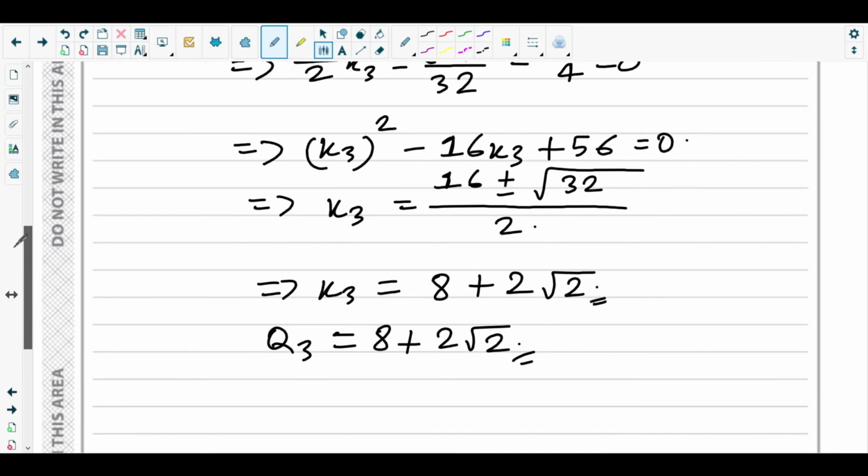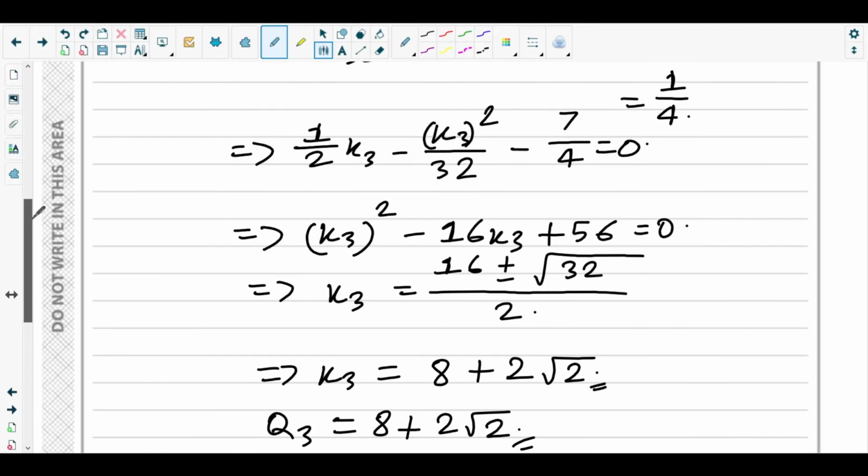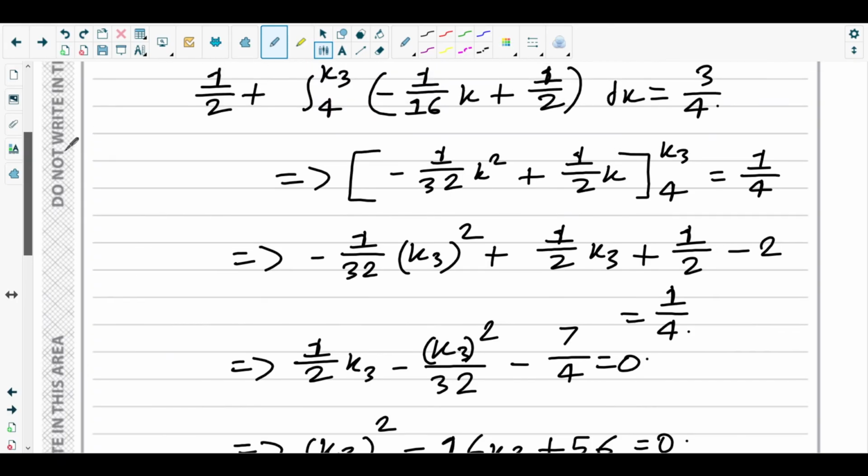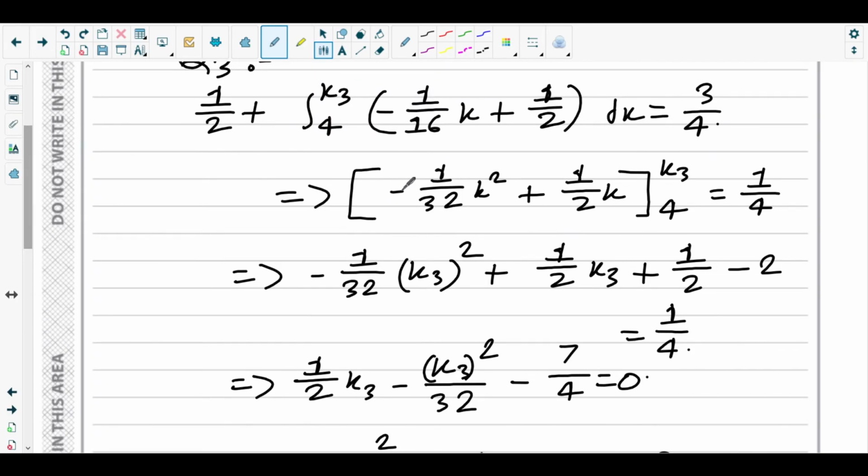Wait. So x3 is, okay, half. 3 over 4 minus half, this is 1 over 4. That's perfect. So half minus 2. Okay, we'll get 1 over 4.